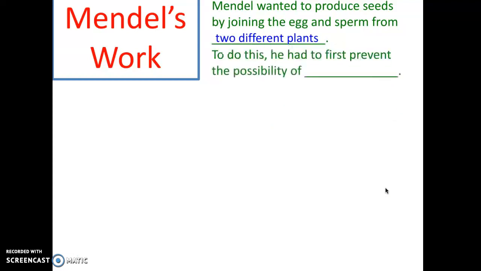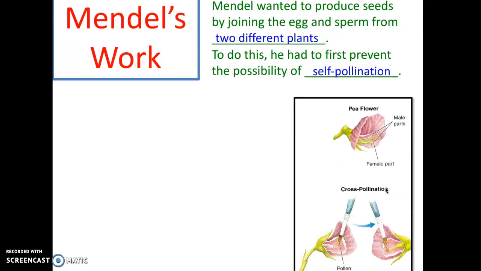So what he did is that he joined the egg and the sperm from two different plants. So instead of allowing these plants to continue to self-pollinate, he cross-pollinated them. To do this, he had to prevent the possibility of that self-pollination. He had to make sure, okay, no more true breeding plants. We are separating those pistils from those stamen.